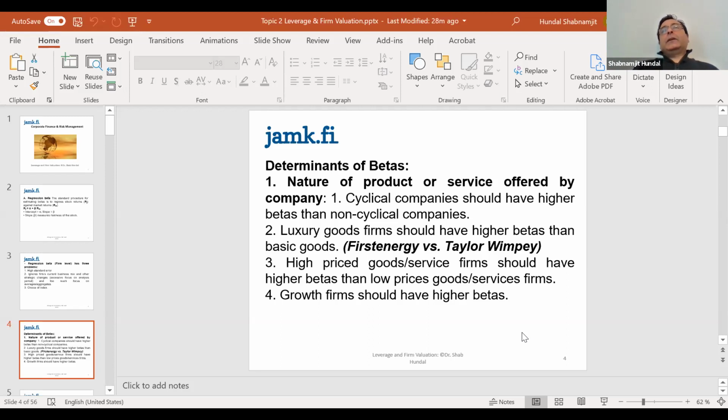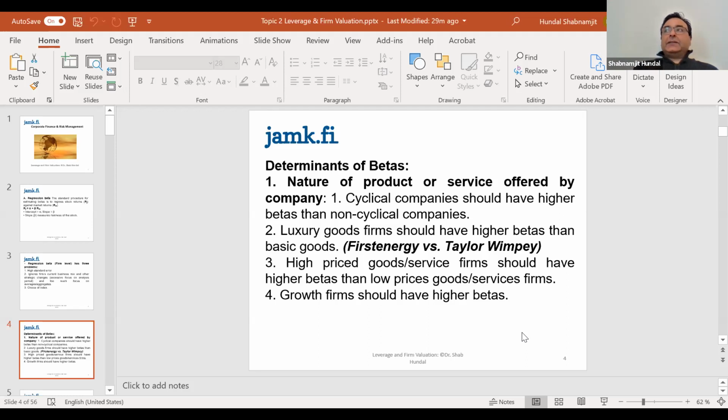So I would say that a company making ice cream will have a higher beta than a company which sells groceries, because the demand for ice cream is very seasonal. It's more in summertime and comparatively less during the winter. But we all eat food, certain staple food, throughout the year.